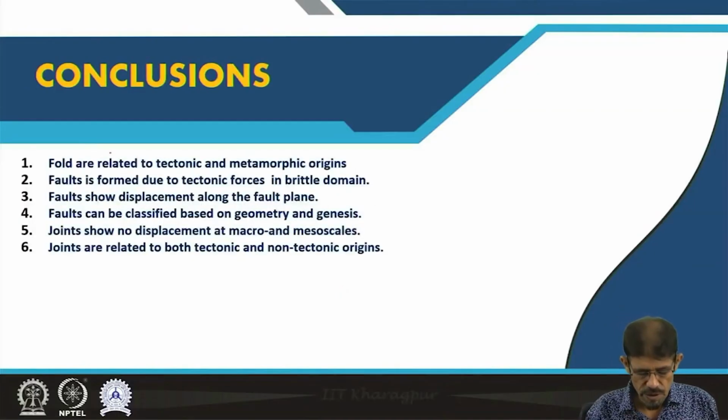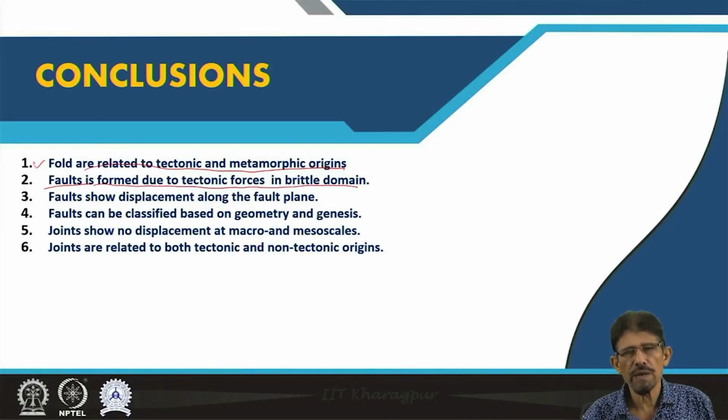Friends, today we have discussed faults, the anatomy of faults, and different elements of a fault. Faults are related to tectonic and metamorphic origins, and a fault is formed due to tectonic forces in the brittle domain, and some faults also form in ductile and semi-ductile zones.